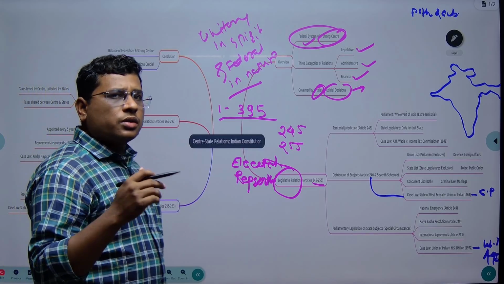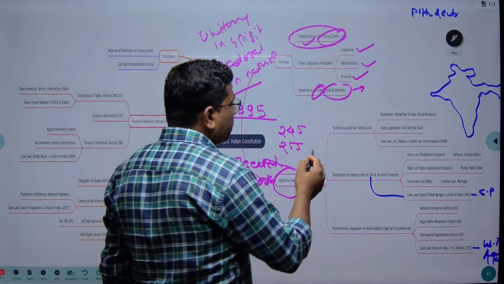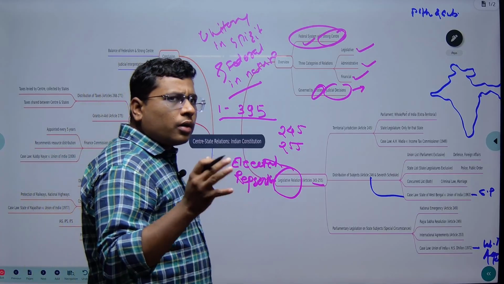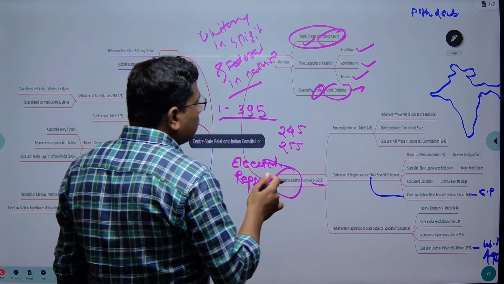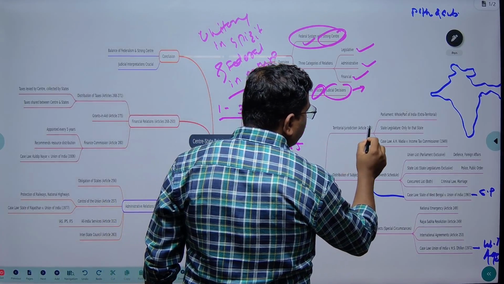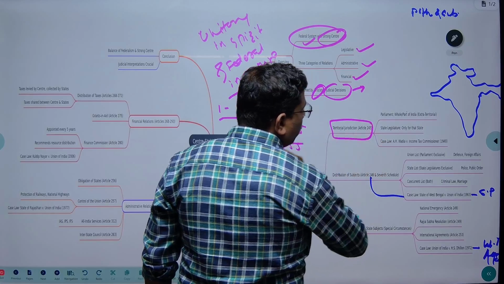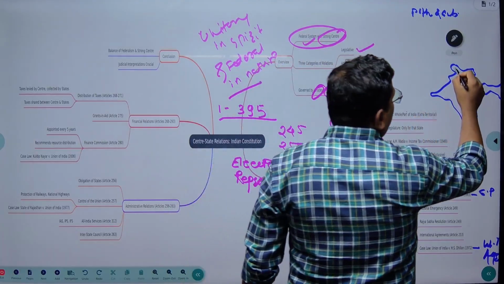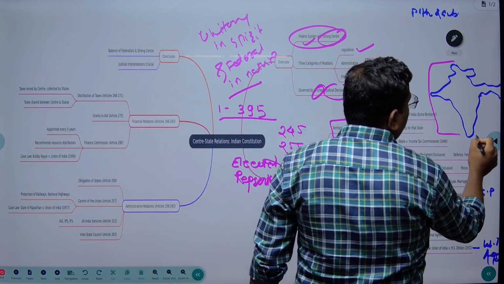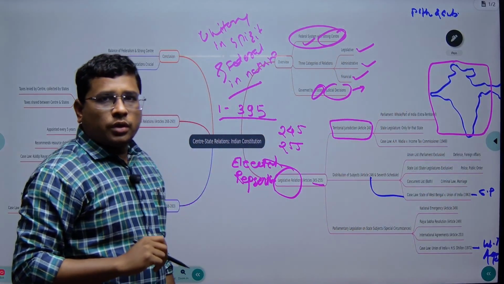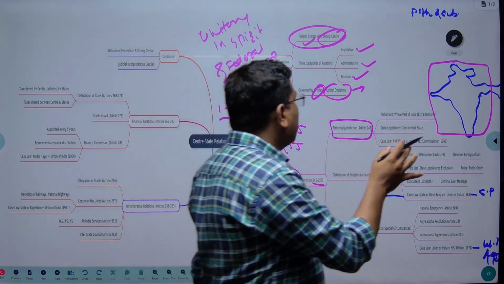So how is the legislative relation governed? There are three types of legislative relation. One is the territorial jurisdiction. Territorial jurisdiction means the Indian Constitution applies to the territory of India, the whole of India.